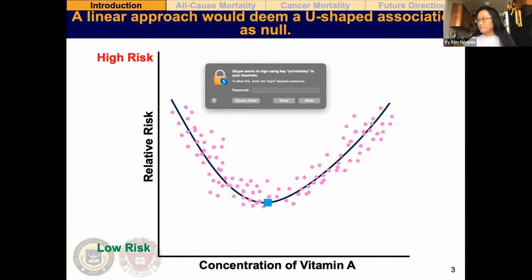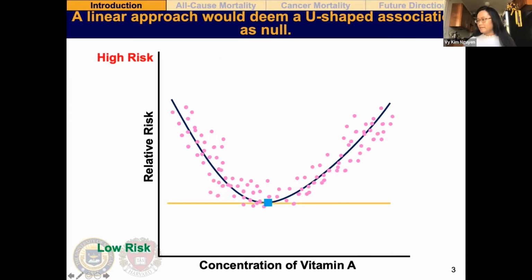But if we use a linear approach, to minimize the difference between this line and the data points, it will look like a straight line right here. And so this would say that whatever amount of vitamin A you get, there's no risk involved. The risk is the same throughout.